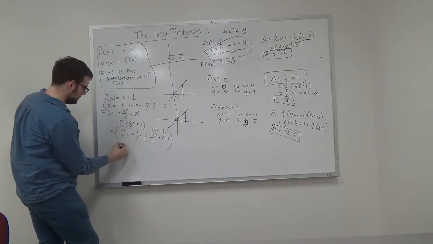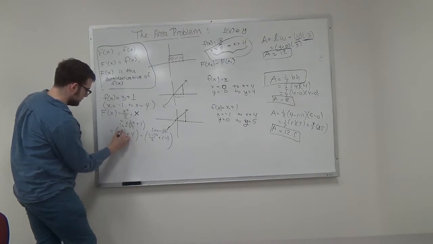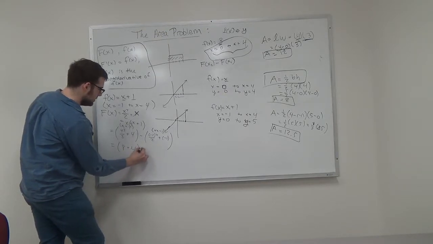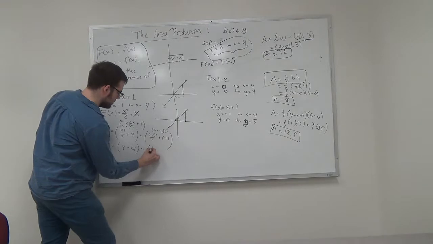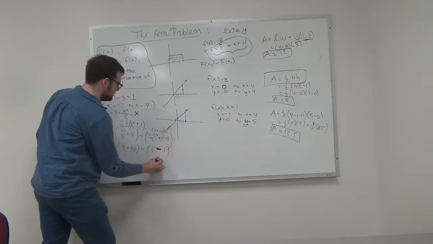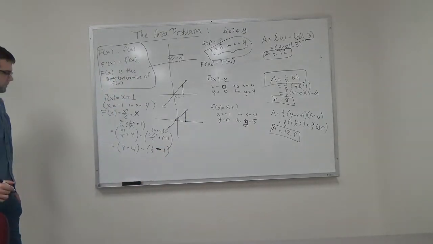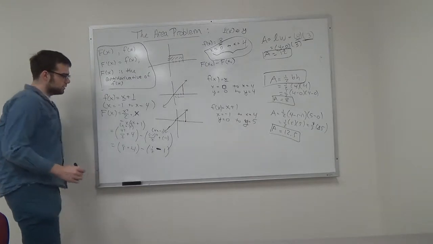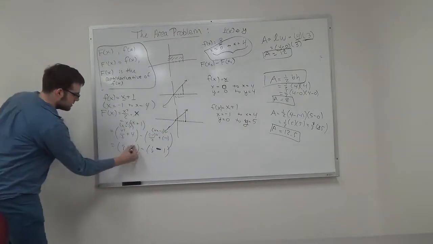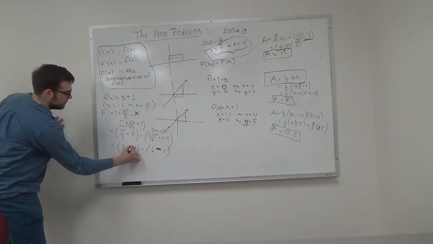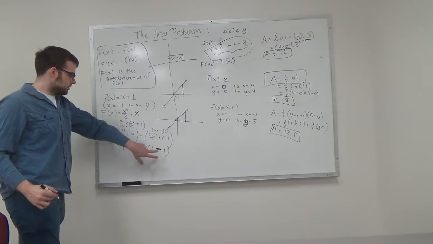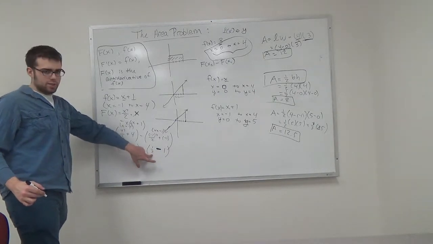So we have 4 squared is 16, divided by 2 is 8, plus 4, minus 1/2 plus minus 1. Okay, now let's leave this here for now. 8 plus 4 is 12, plus 1 is 13, minus 1/2 is 12.5.